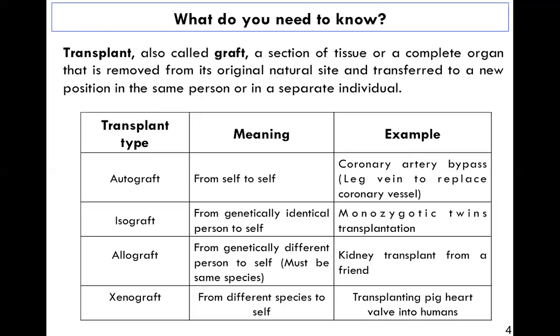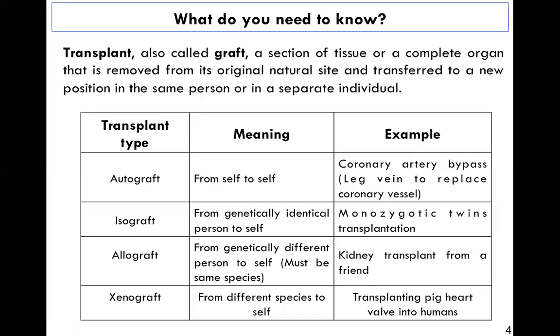Among all of these, the most common transplant in clinical application where rejection occurs is the allograft. So autograft, of course, has no rejection, and isograft has almost no rejection. This is something different that I'm not going to talk about in this lecture. Today we will mostly focus on the allograft, from where the pathway of recognition of non-self is derived.